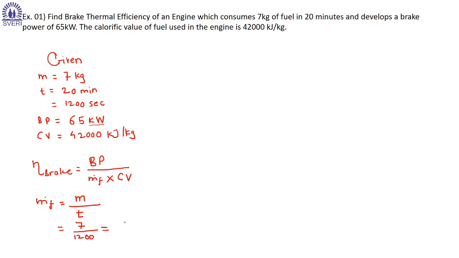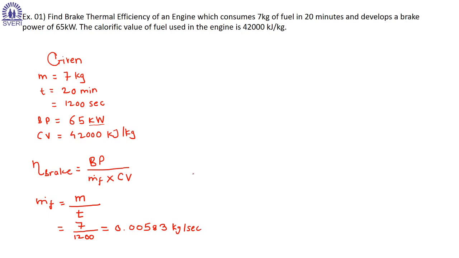So 7 divided by 1200 gives a mass flow rate of 0.00583 kilogram per second.